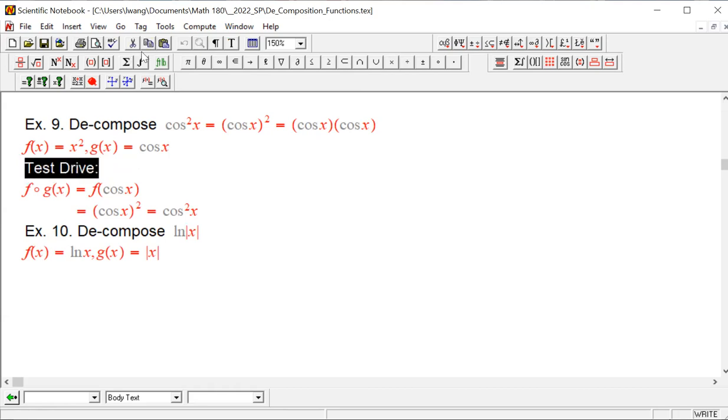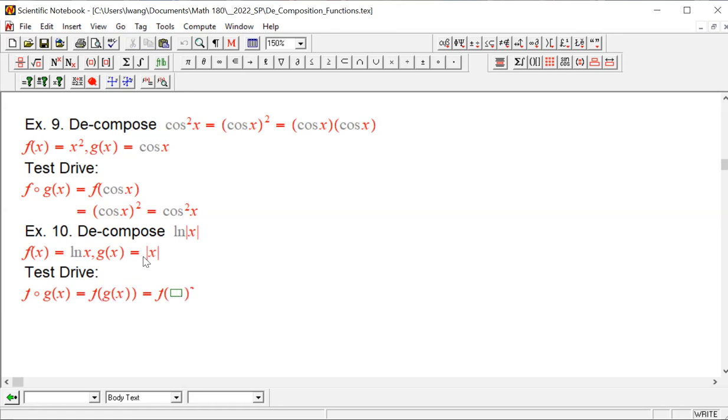So let's do test driving for the next one. Okay, f composite g equals f of g of x. We do it from inside out because now we're test driving it, so we're composing.